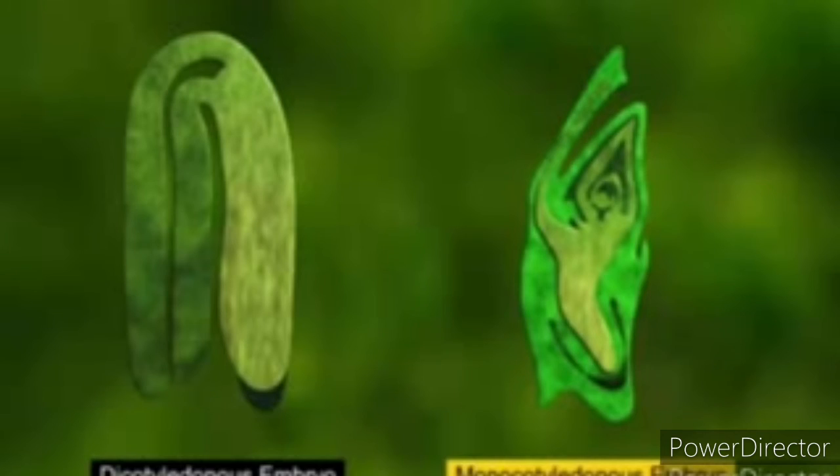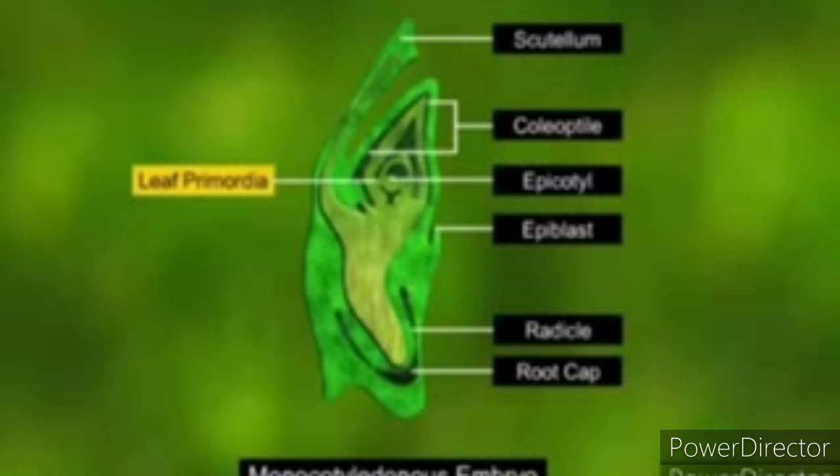Embryos of monocotyledon seed. Okay, the monocotyledon's embryo possesses only one cotyledon. In the grass family, the cotyledon is called scutellum, which is situated towards the lateral side of the embryonal axis.